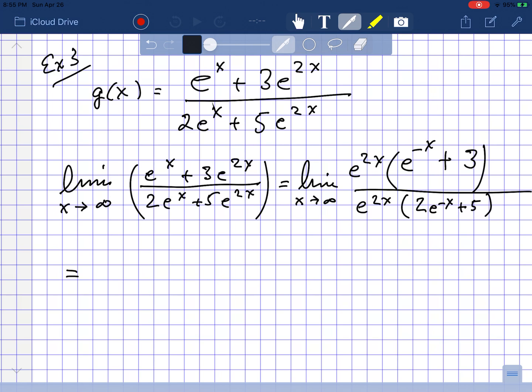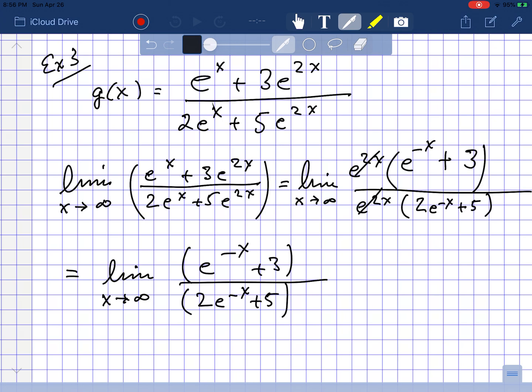All right. Well, I can cancel out these two factors. And so I'm left with e to the minus x plus 3 divided by 2e to the minus x plus 5. And now as x goes to infinity, what happens to this term? It goes to 0. And what happens to this term? It also goes to 0.